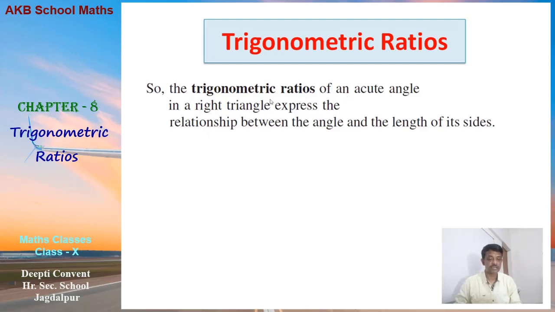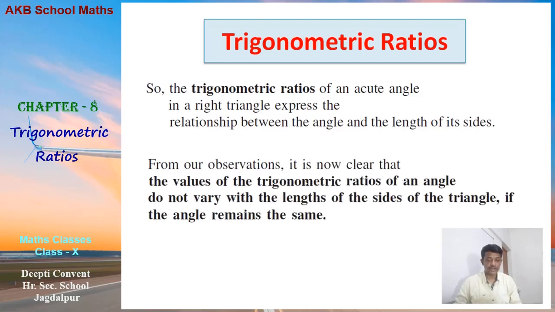Now what have we seen? Trigonometric ratios are the relationship between the angle and their sides. And values of the trigonometric ratios of an angle do not vary with the length of the side of a triangle if the angle remains the same.